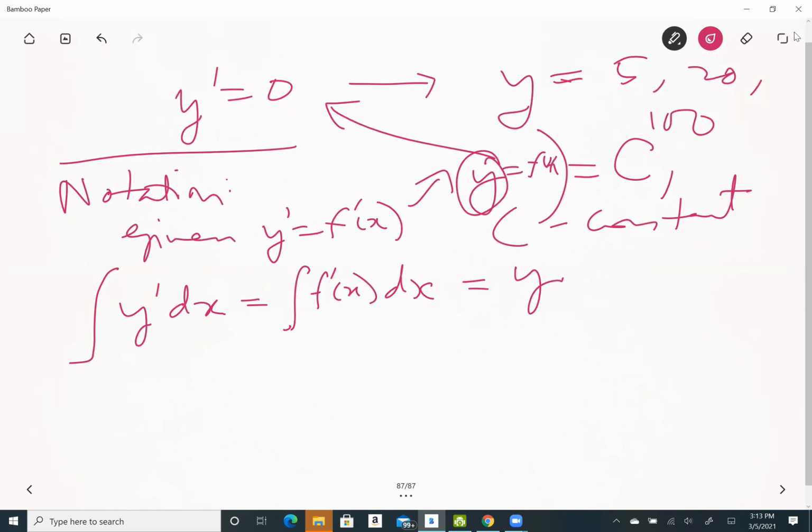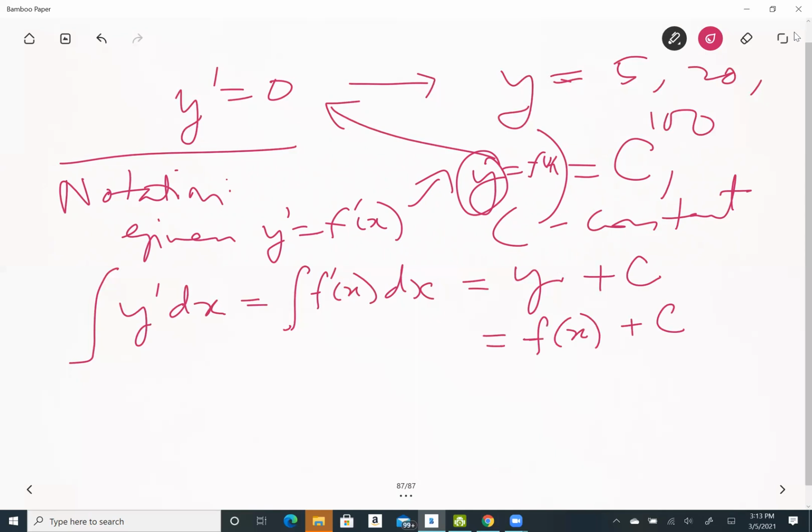But the idea is, y is just like what we were doing. Okay, y is 3x squared. So you have to put in the constant, plus the c, or f of x plus the constant.